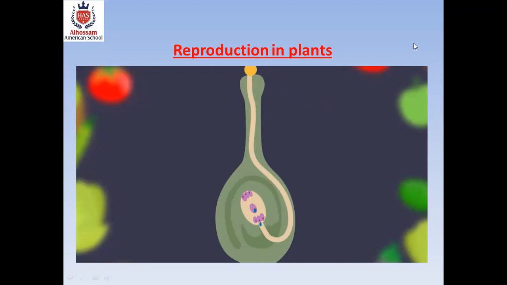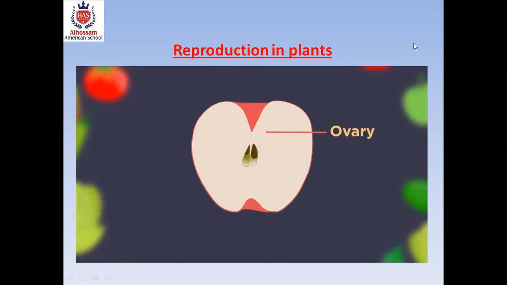The other male sex cell attaches to two cells in the embryo sac, forming an endosperm. This provides the starchy food for the seed to grow. The ovary enlarges and becomes a fruit, surrounding the internal seeds.